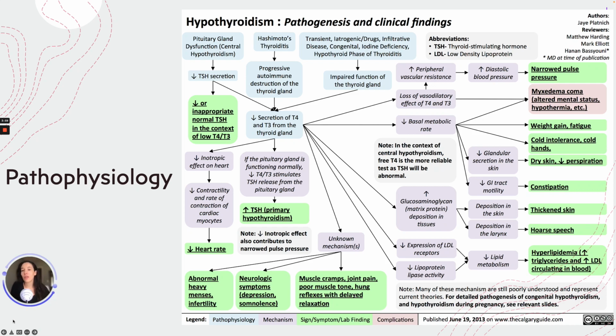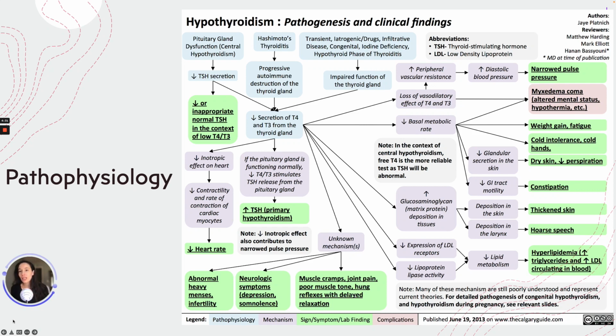We can see that when it comes to the pathophysiology, you have whatever the cause is, so it could be pituitary gland dysfunction, Hashimoto's thyroiditis, different drugs, diseases, or deficiencies. Pituitary gland dysfunction is going to lead to decreases in the TSH secretions, which is going to lead to a decrease in secretions of T4 and T3 from the thyroid gland.